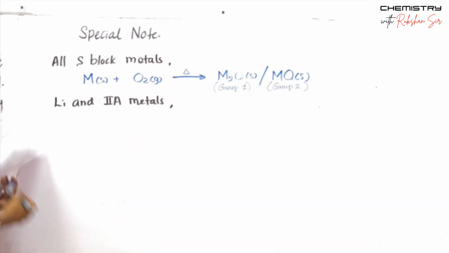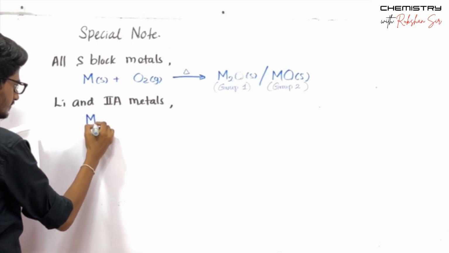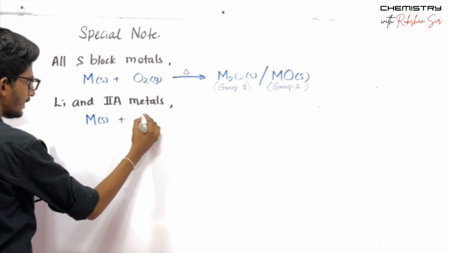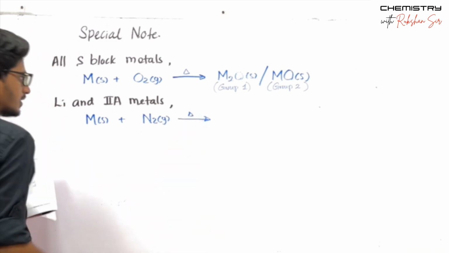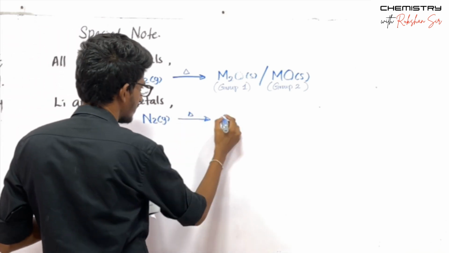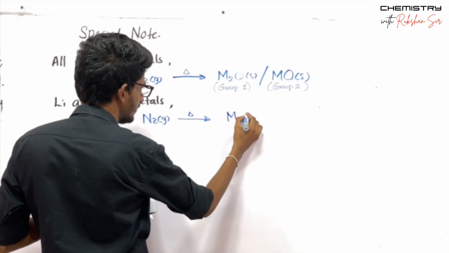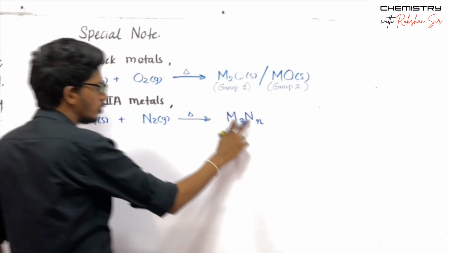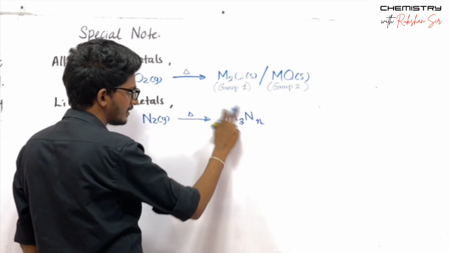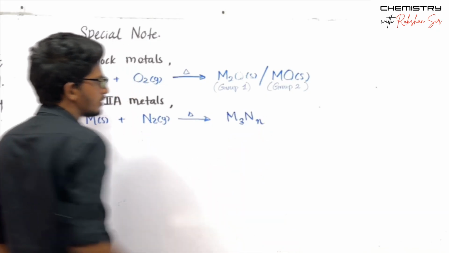If you take the metal as M, it reacts with N2 gas when heated to produce the respective nitrides. Nitride means N3 minus. I'll take the subscript as n. If group 1 is considered, that is lithium, n is equal to 1. If group 2 is considered, n is equal to 2, right?